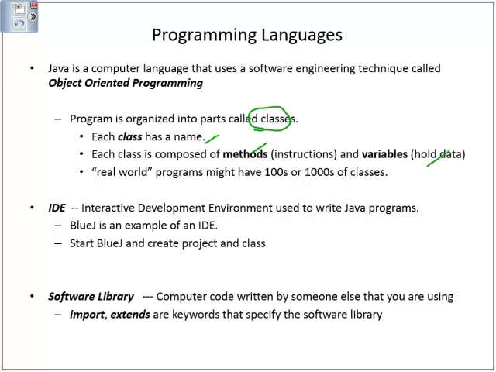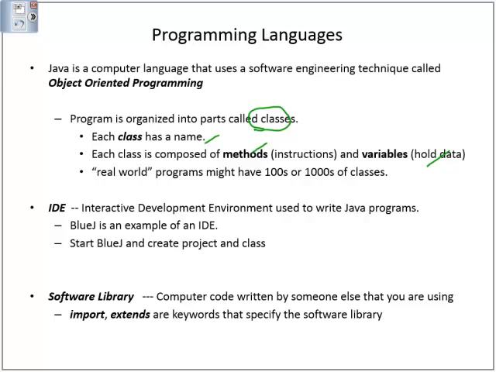These hold the data that your methods are going to use, and we'll take a look at some examples in a minute. Now, real-world programs typically have hundreds, thousands, they might even have tens of thousands of classes, just to give you an idea of what really big programs look like.